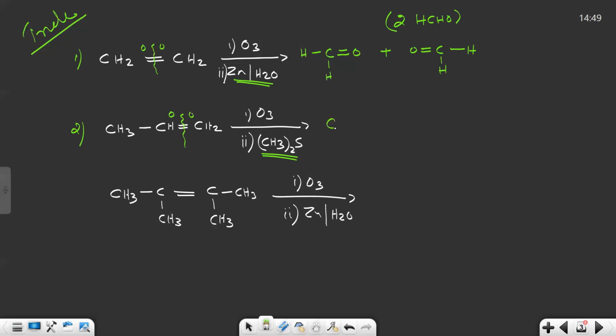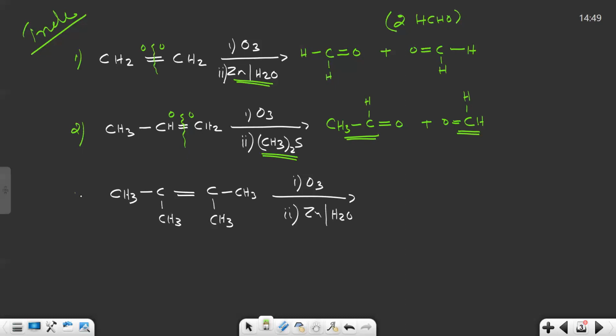So here the left side product will be CH3 CH double bond O, plus the right side carbon is C double bond O with two hydrogen atoms. So the first compound is ethanal and here it is formaldehyde, methanal.